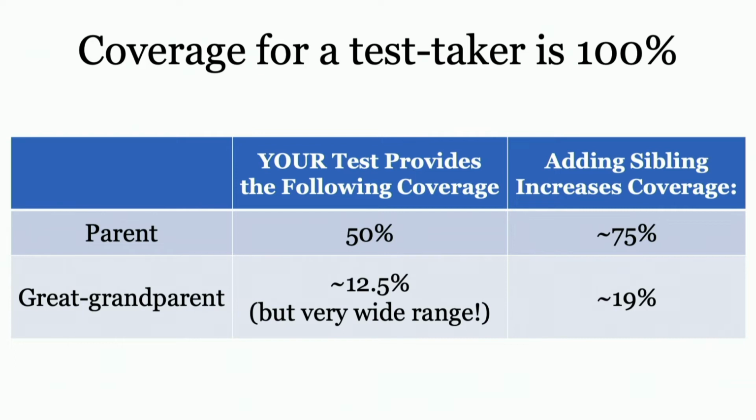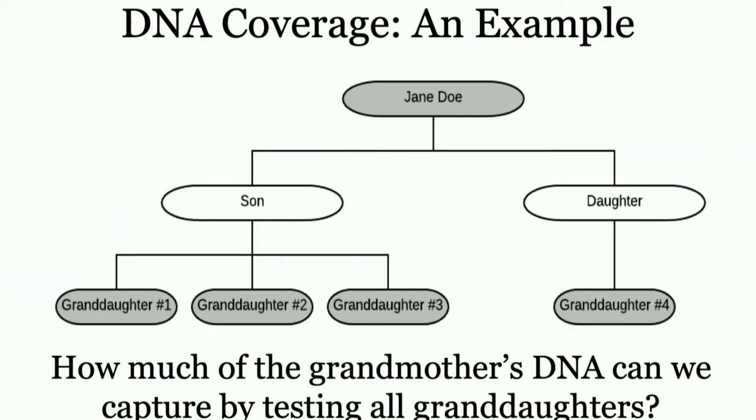Here's another visualization of this concept of DNA coverage. In this example, we have a grandparent, and the grandparent has 4 grandchildren, 3 of them through a son and 1 of them through a daughter. The question is, how much of the grandmother's DNA can we capture by testing all of the grandchildren here? Because that might be our research focus.